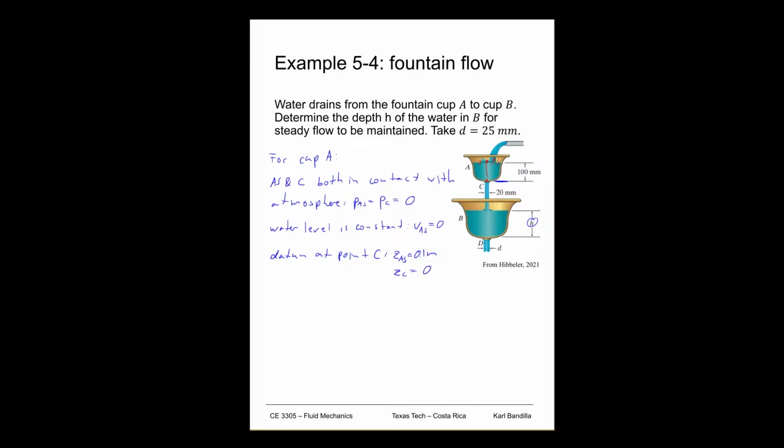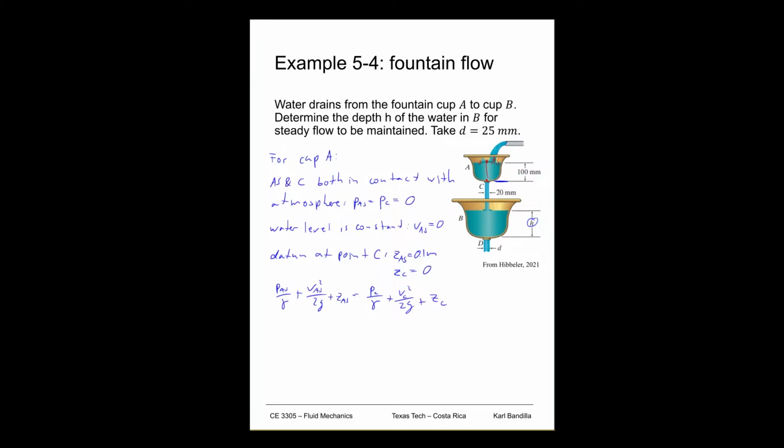Another term that we lost, right? So now let's write our Bernoulli's equation, and then we can strike off all the stuff that we don't need. So we have PAS over gamma plus VAS squared over 2G plus ZAS is equal to PC over gamma plus VC squared over 2G plus ZC.